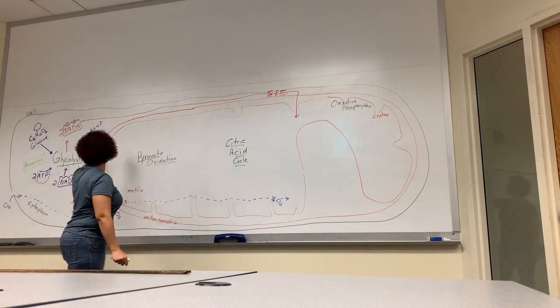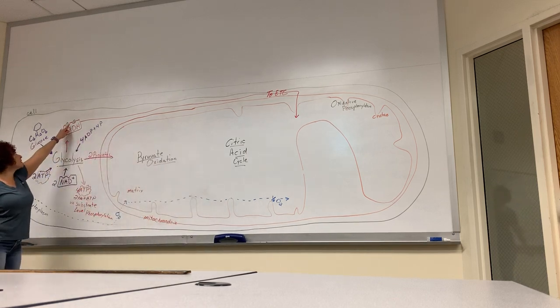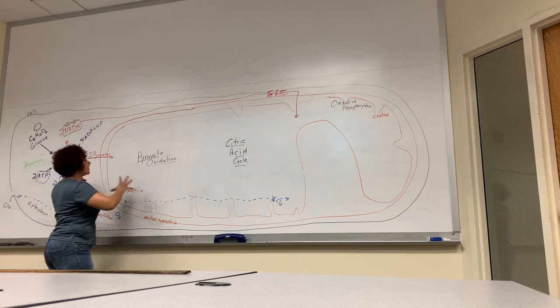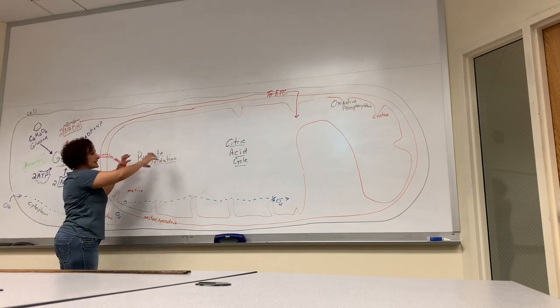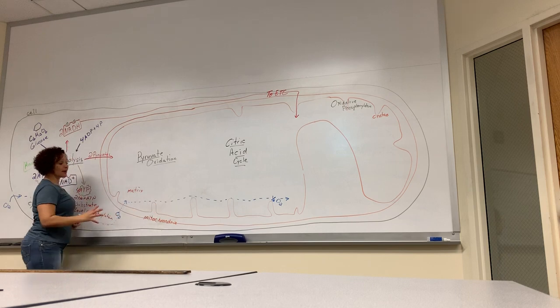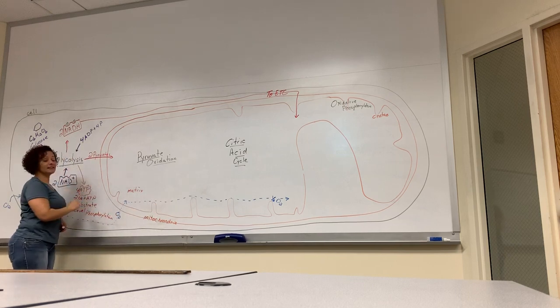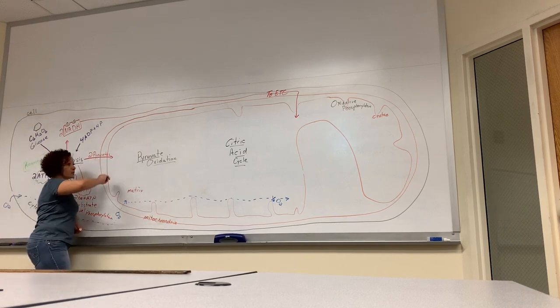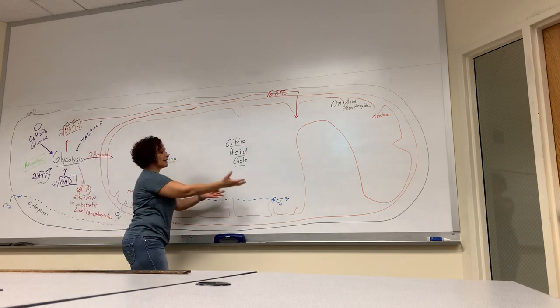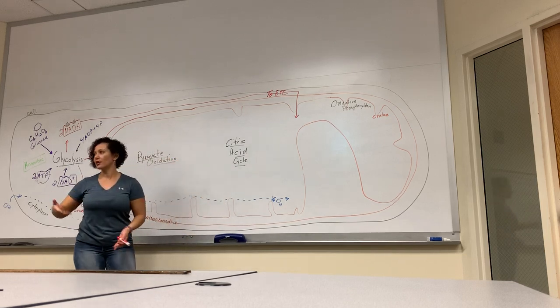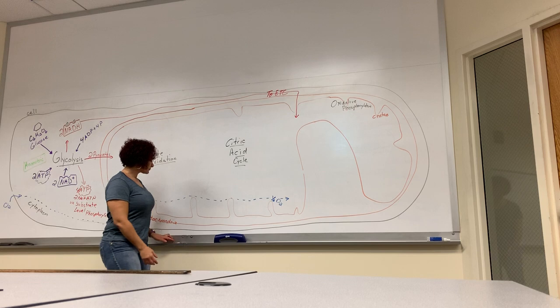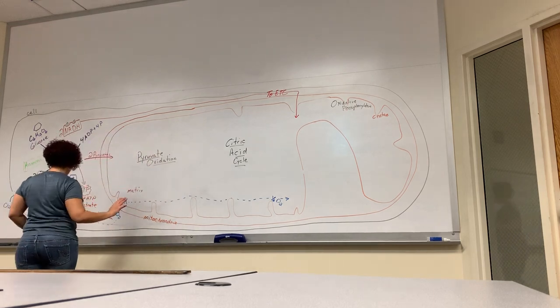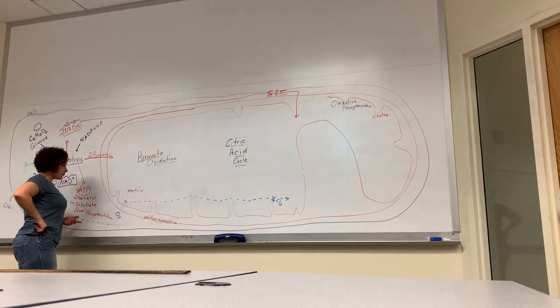Remember, these are high energy electrons. We need those. Glucose came with them. That is what will pull the pyruvates into the mitochondria, because pyruvates have some electrons too. And you'll see once it goes through the system, you'll be like, oh, I can see how those electrons are going down the chain. So just wait on it. I will finalize it when we get there, no worries.